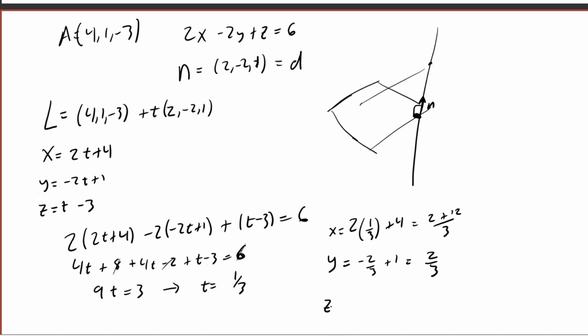And z would be 1/3 minus 3, that's minus 8 over 3. So altogether I get the point 14 over 3, 2 over 3, minus 8 over 3.